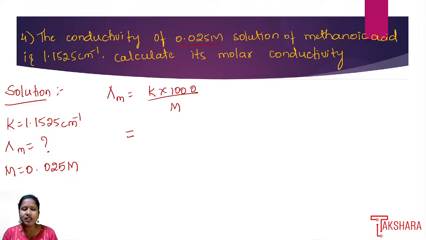So K equals 1.1525 into 1000 divided by M, which is 0.025.